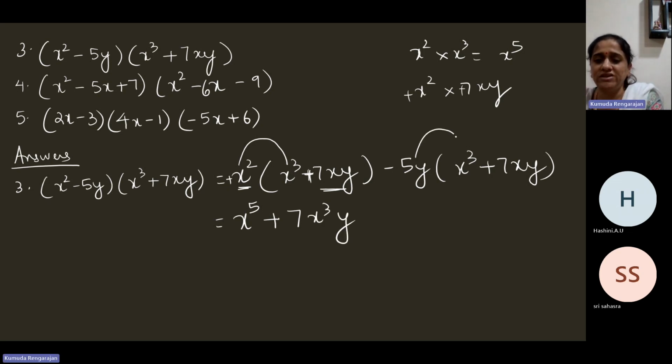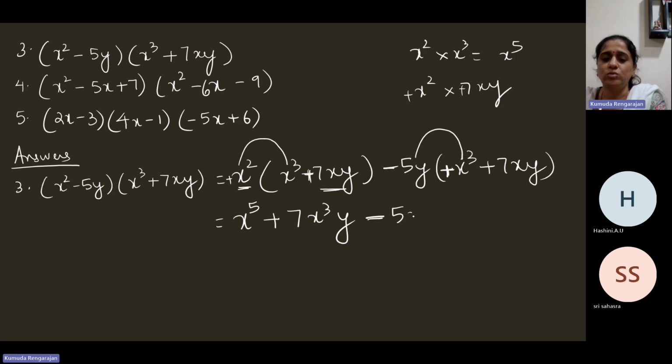Now we will have to multiply these two terms. What is the sign before 5y? Minus. What's the sign before x cubed? Plus. So minus into plus, minus. Whichever two terms you're multiplying, those two terms have a sign, right? Multiply the signs and put the sign first. Minus and plus, minus.